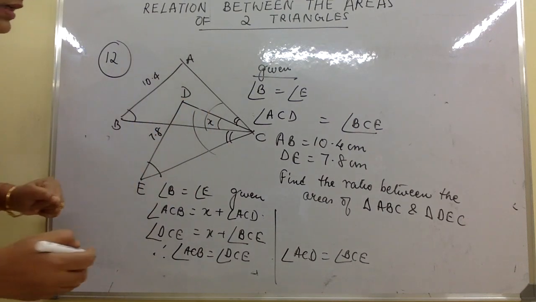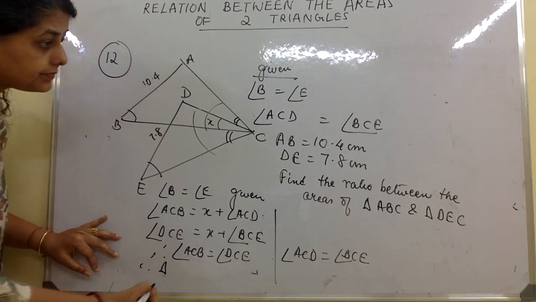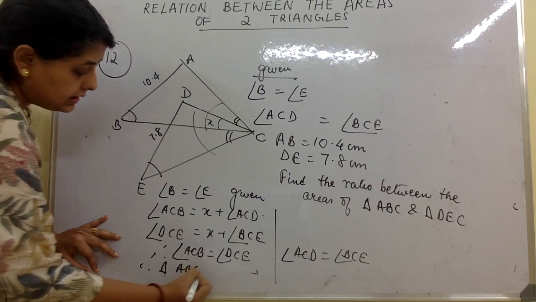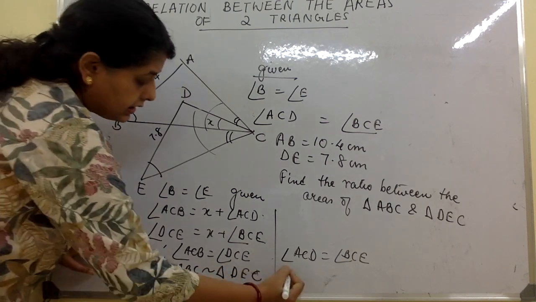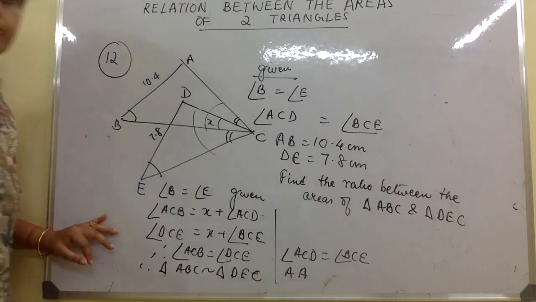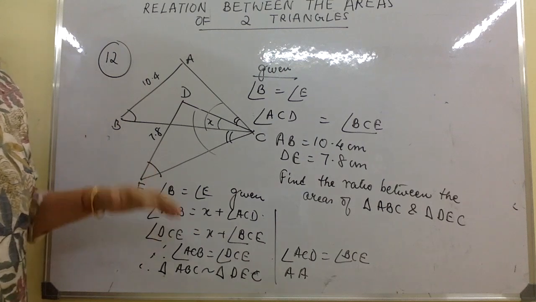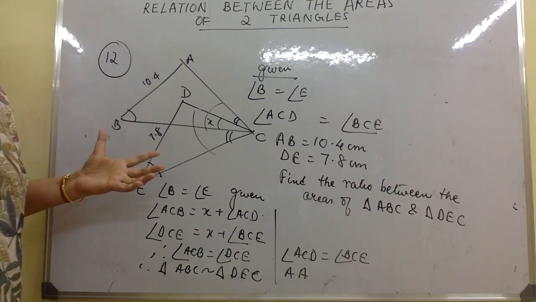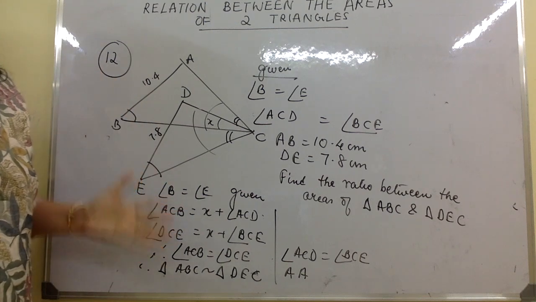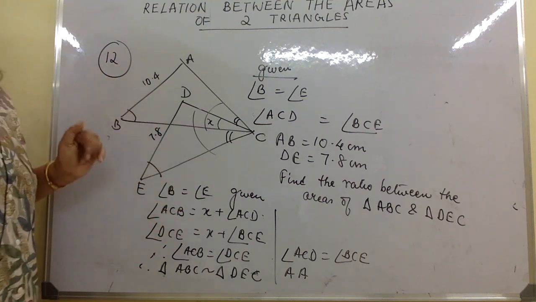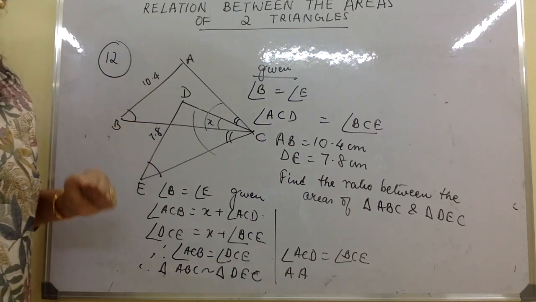So two angles, therefore triangle ABC is similar to triangle DEC by AA property. By AA property we have proved similarity. Only then we can start using the theorem. As I said, please don't lose marks by directly going to the theorem. Prove similarity, because they never told it is similar. If they mention it is similar, go ahead with the theorem straight.